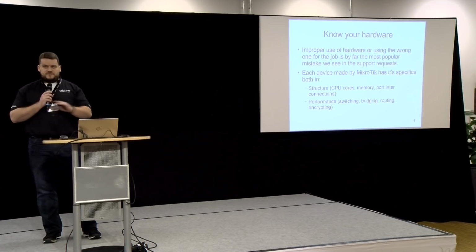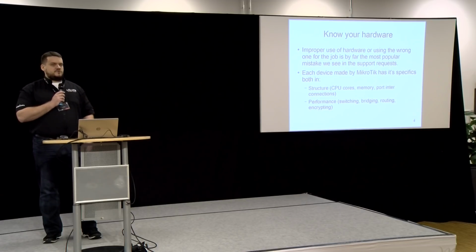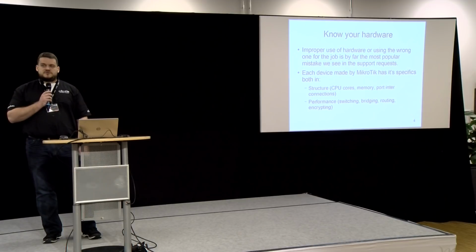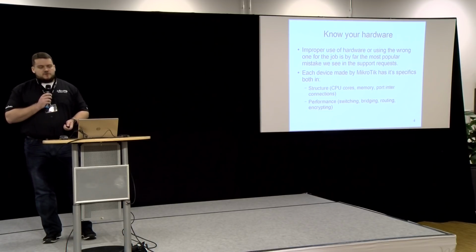This is by far the most popular problem sent to support. I have this RouterBoard 411. I have just 700 firewall rules. It doesn't work properly. Examples like that we see daily, where we need to allow the customer to choose the proper hardware.